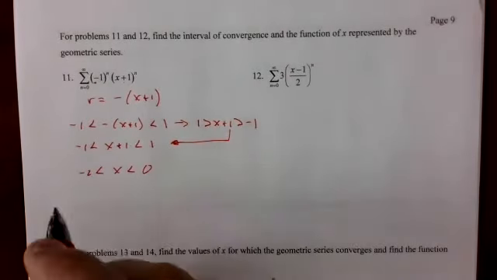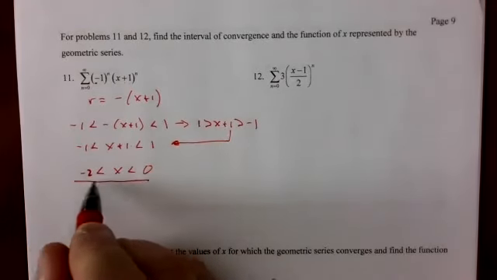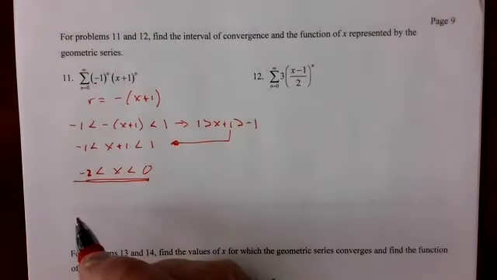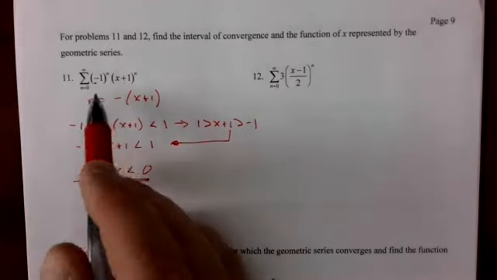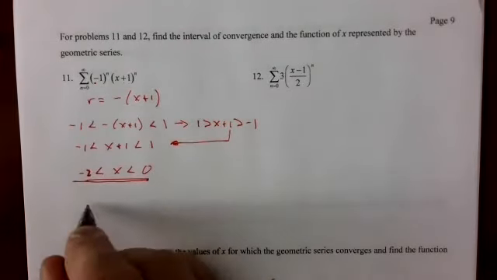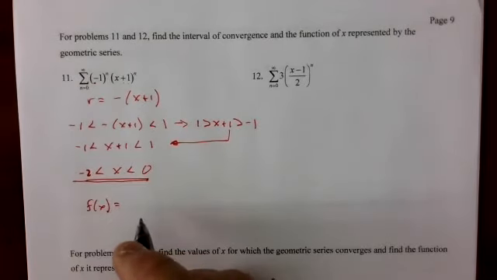All right, now careful. What's the interval of convergence? There it is. And then what's the function represented by the geometric series? So what? Isn't that the function? No, that's a series. How do I know what a function is? Well, it's the first term.